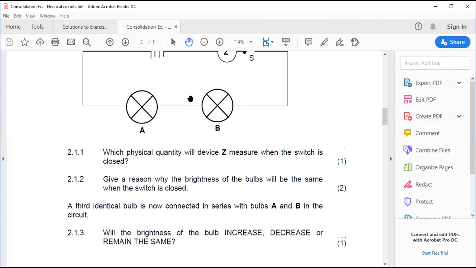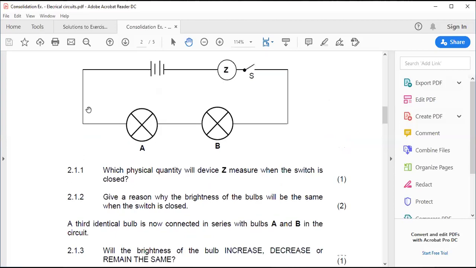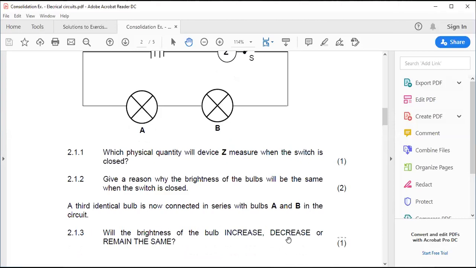Current is not going to be divided here, because remember, resistors in series are not current dividers, they are potential dividers. So what is going to happen if you put another bulb in series is that the total resistance increases. When total resistance increases, current must decrease. So the answer is decreases. That's correct.